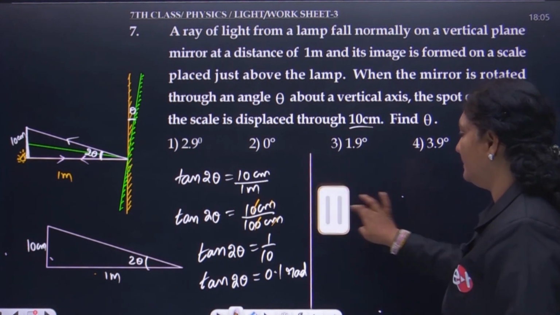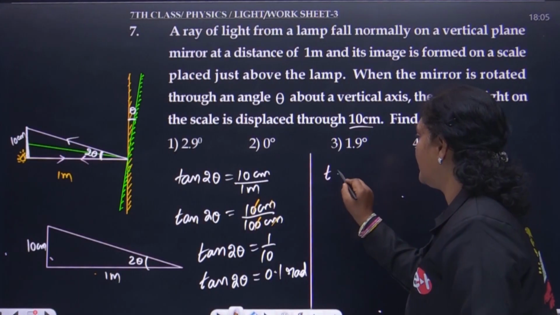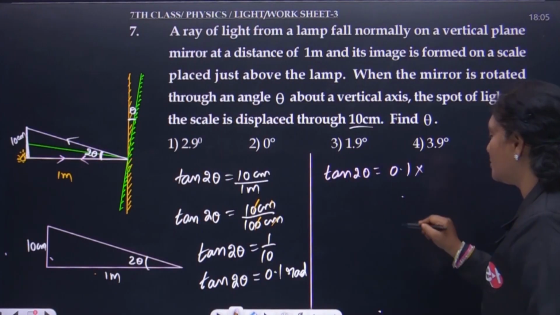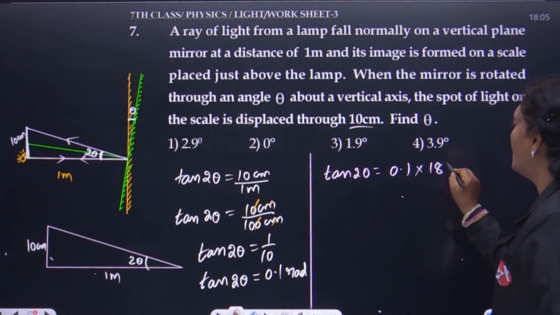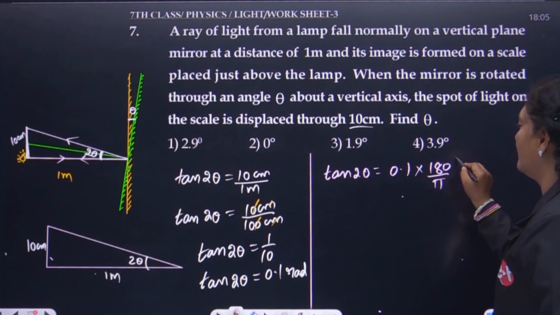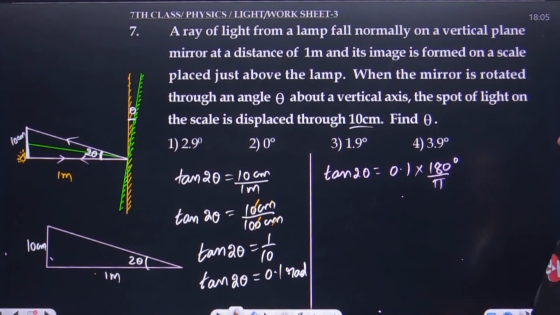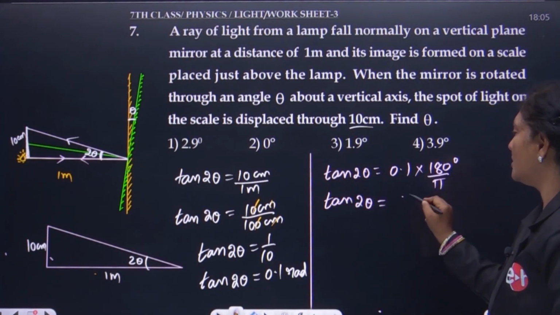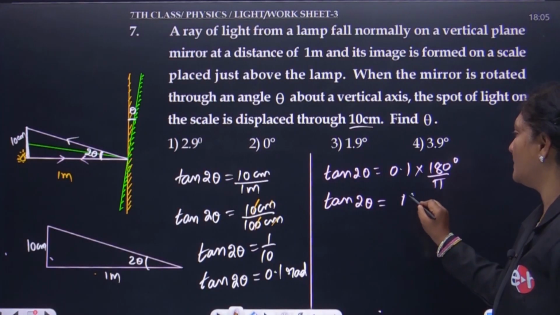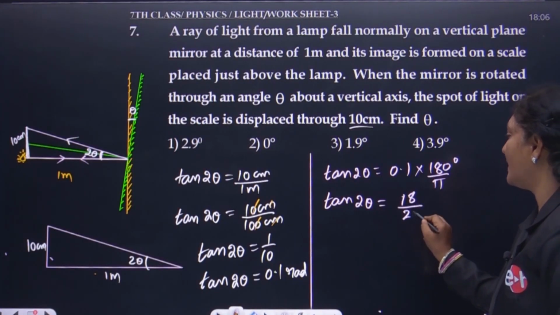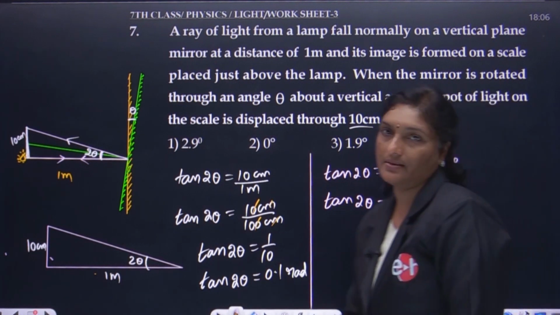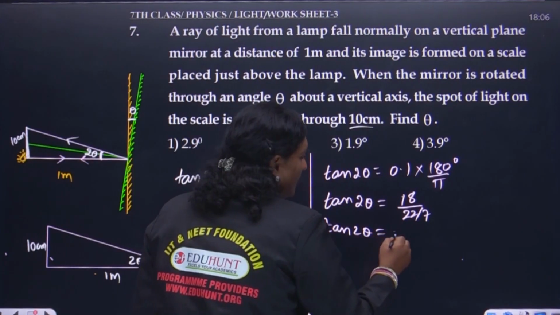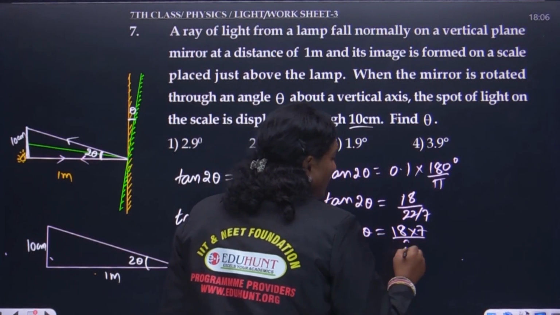So clearly tan 2 theta can be written as 0.1 into 1 radian is equals to 180 degrees by pi, 180 by pi degrees. Hence, tan 2 theta is equals to 0.1 into 180 is found to be 18 upon the value of pi is found to be 22 by 7. Hence, tan 2 theta is equals to 18 into 7 upon 22.